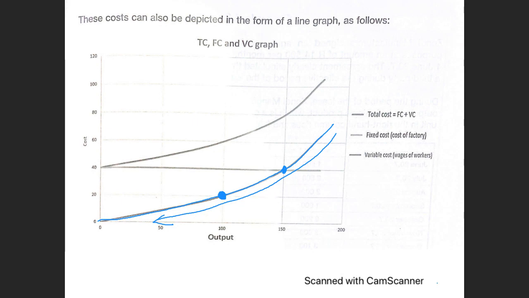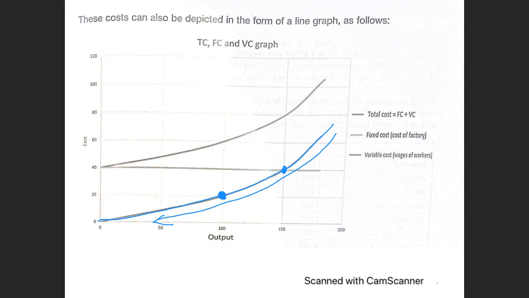So they will fluctuate but not in direct proportion to the volume created. What this means is that a portion of this cost will be fixed in nature, and then over and above that, it will be variable.